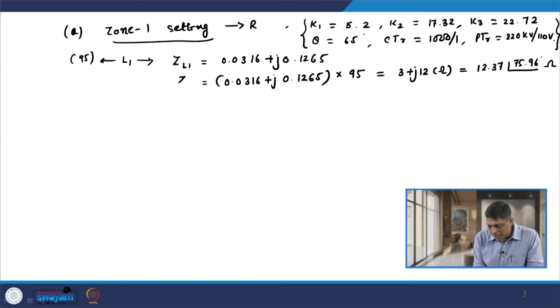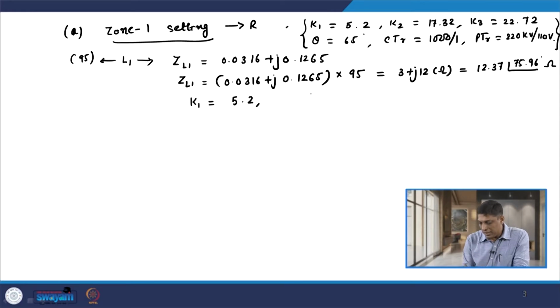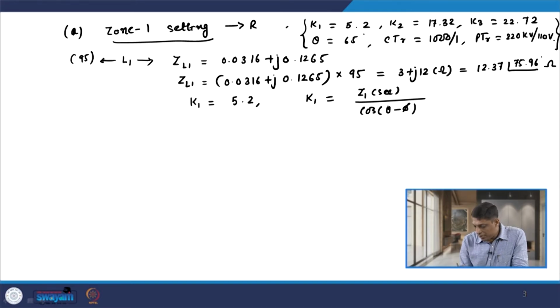So the value of ZL1 we have already calculated. Now as the value of K1 is given, that is 5.2, we know that K1 is equal to Z1 secondary divided by cos of theta minus phi. So this equation we know. So Z1 secondary is equal to K1 into cos of theta minus phi.